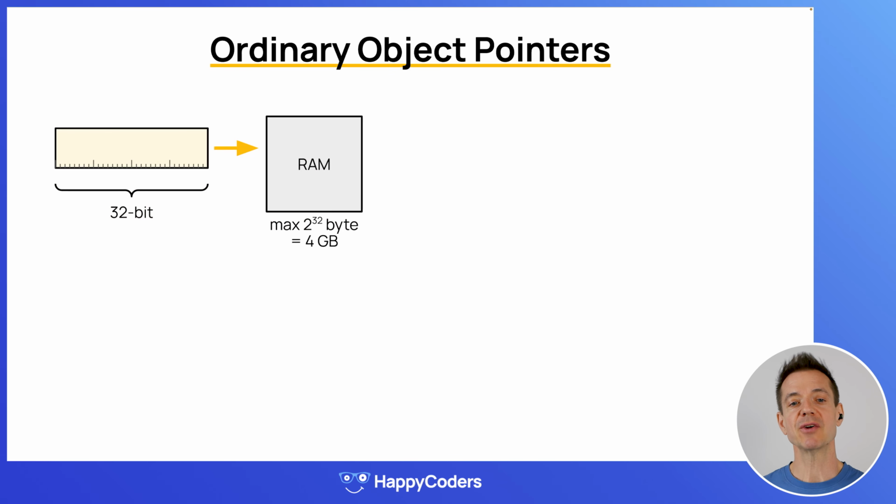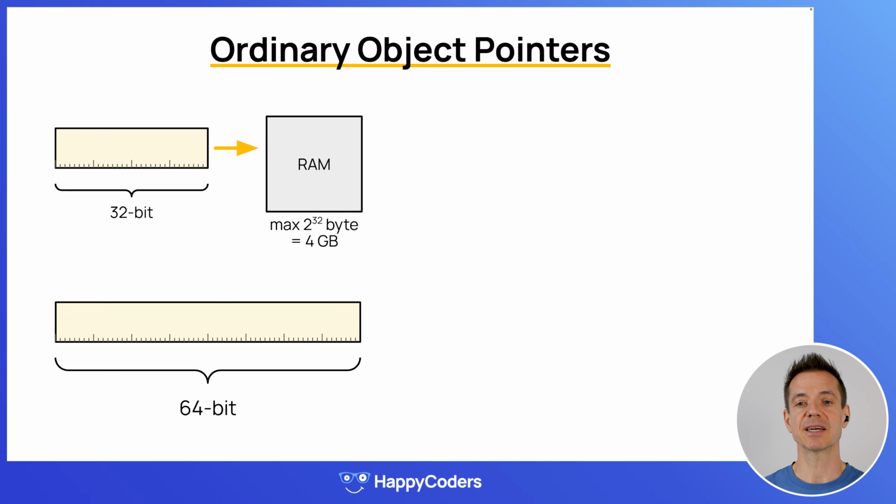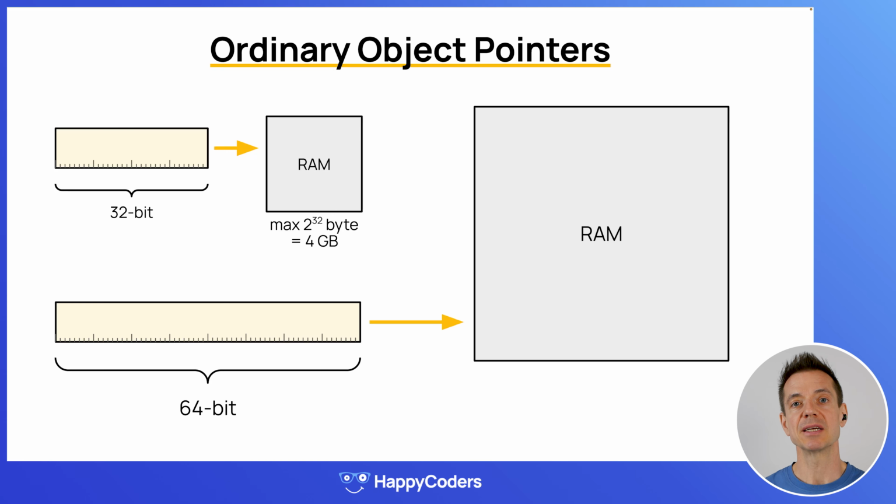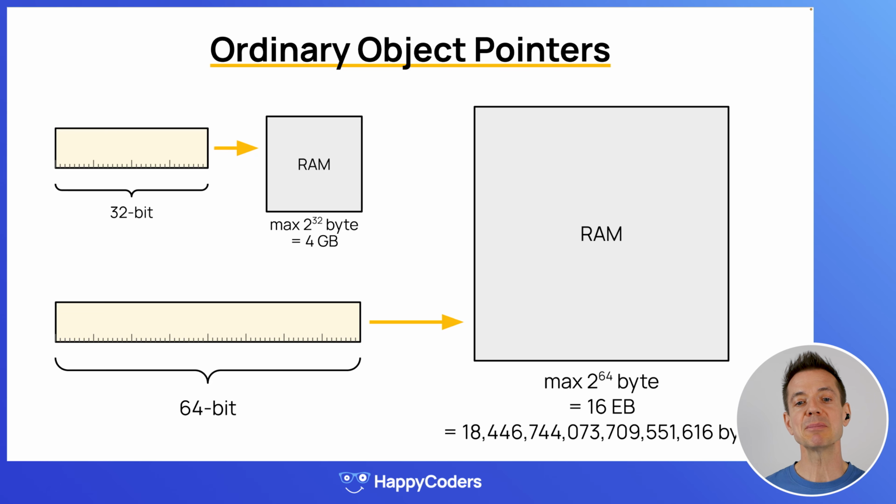Today's CPUs generally have 64-bit architectures, meaning a 64-bit wide bus, and can therefore address memory using 64 bits. This allows us to address 2 to the power of 64 bytes, which is 16 exabytes or 18.4 quintillion bytes.